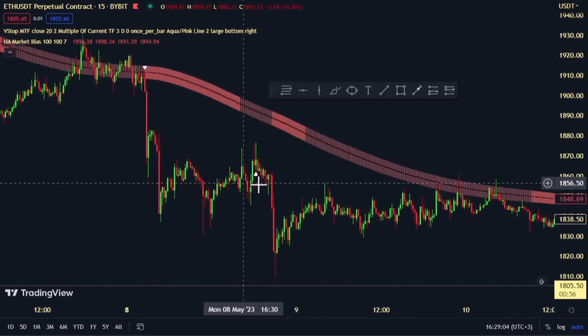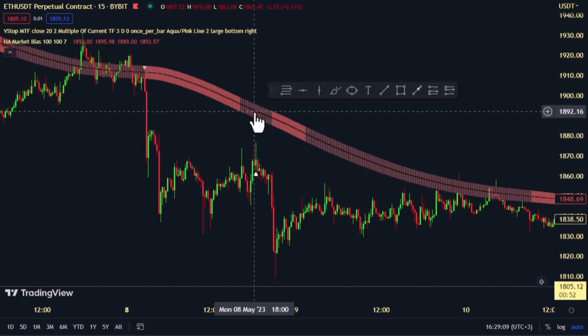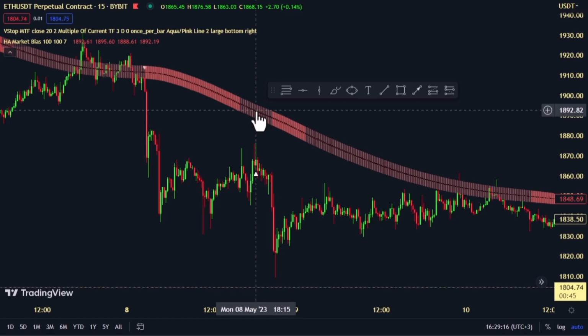Here it said long, go long, but you shouldn't go long because you are below the indicator, let's say a trend indicator. And of course it's in red, so don't go long.